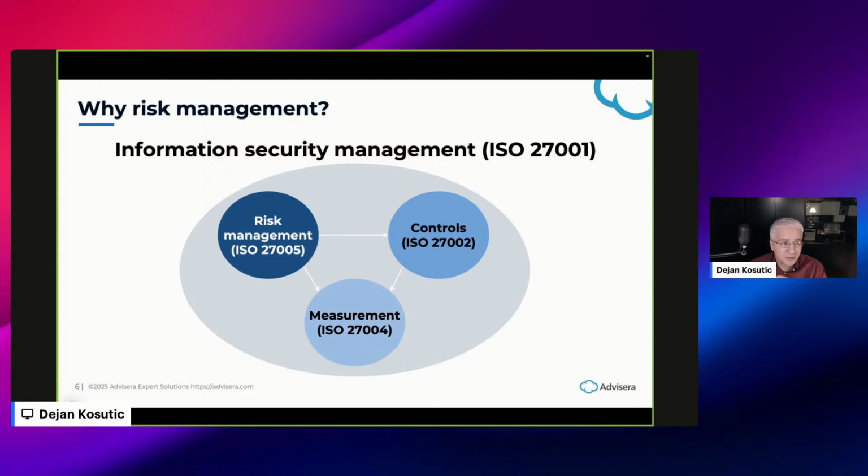For implementation of controls, there is ISO 27002, which suggests for each of these 93 controls how you can actually implement them in your company, and also 27004, which suggests how to set the objectives and how to measure the fulfillment of these objectives.